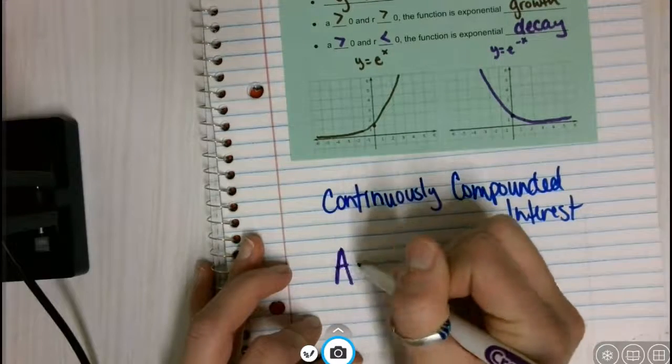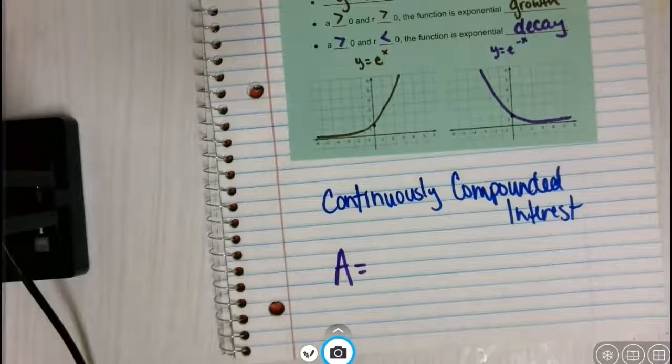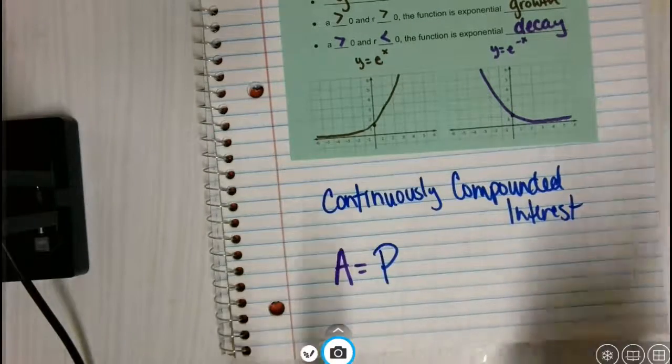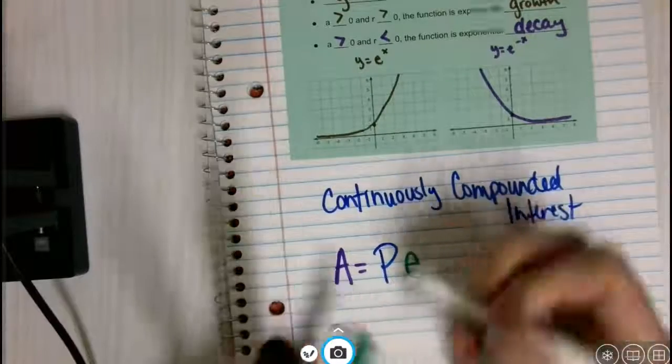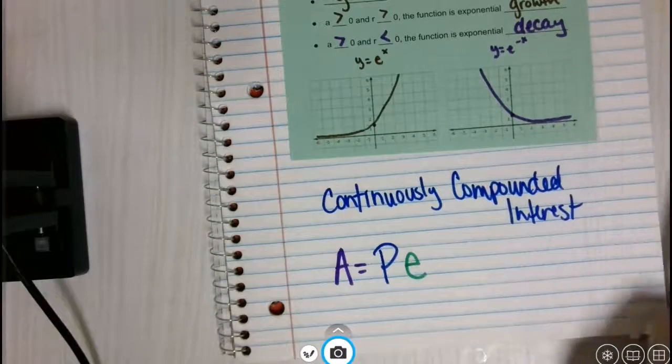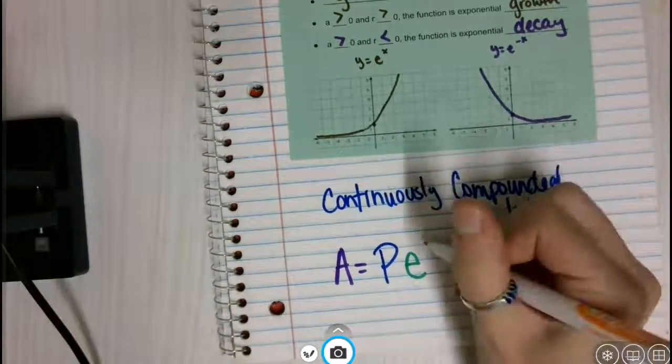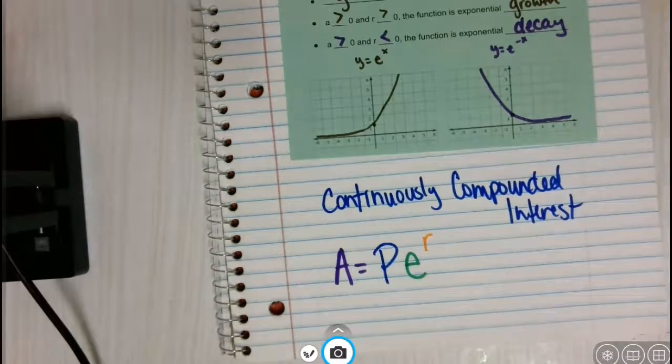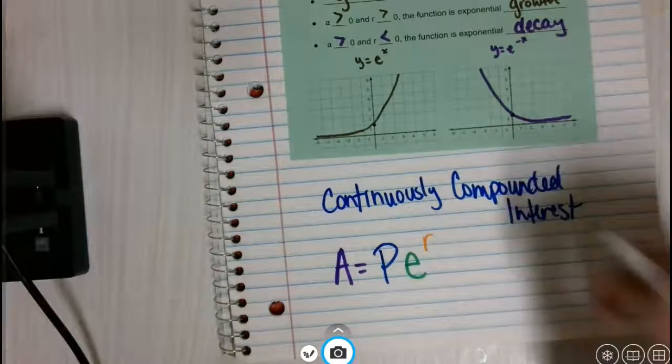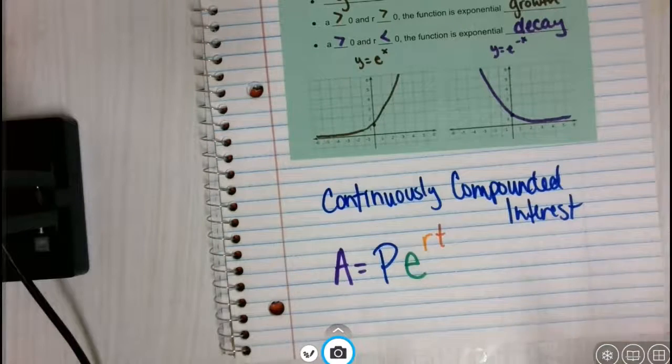So here we have A equals, and I'm using my different colors again just so I can keep things straight in my mind, P times E, here's this letter and number that we're dealing with, to the R, and my last one right here, T. So using my colors, I can help us figure out as well.